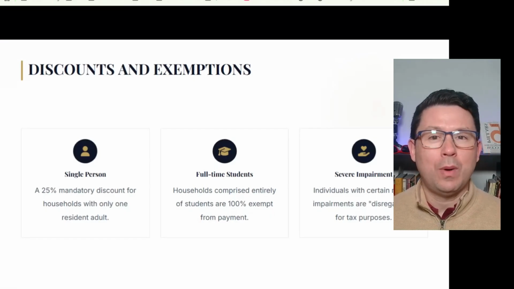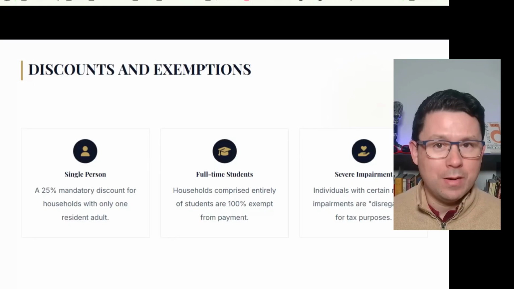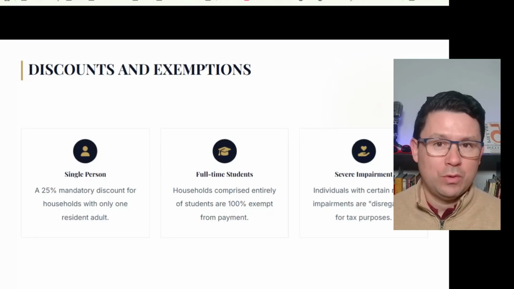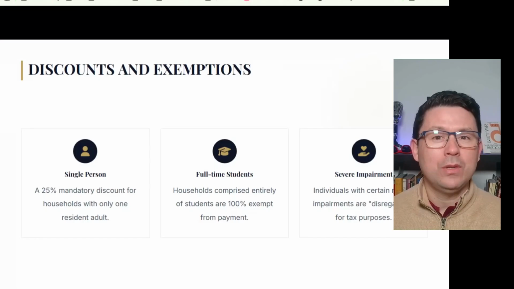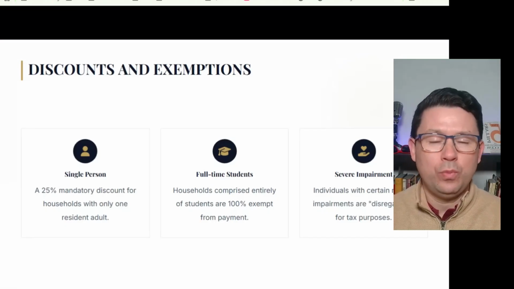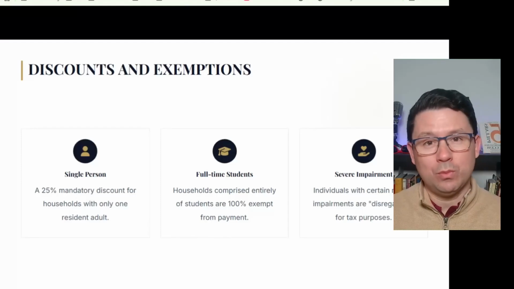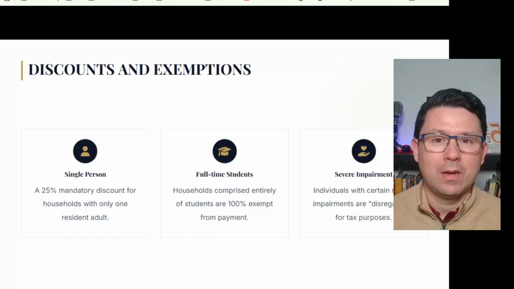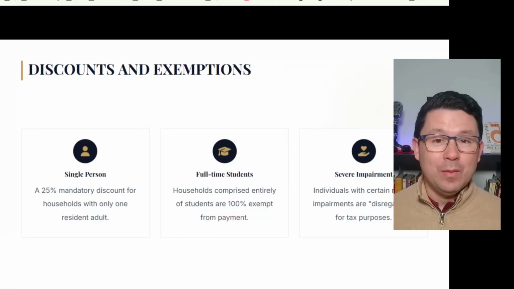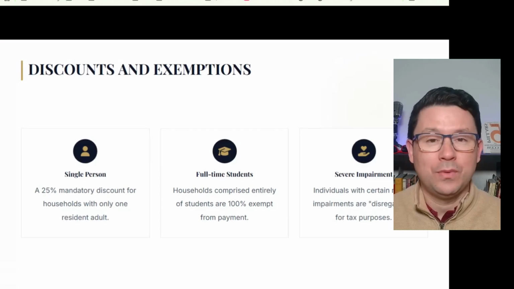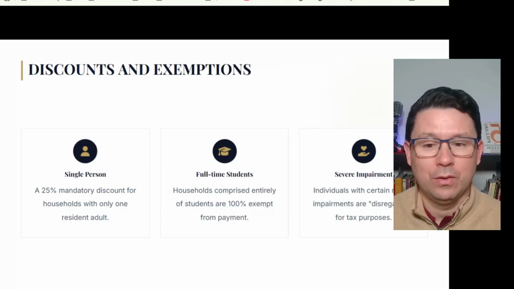And if there is somebody with severe impairment, then that person could apply for a 100% discount. So taking all this into account and understanding the situation year to year of your tenant and your property, you could save yourself some money, or help that tenant save some of that tax, which is a very good idea. Any money that can be saved in taxes is a very good idea.